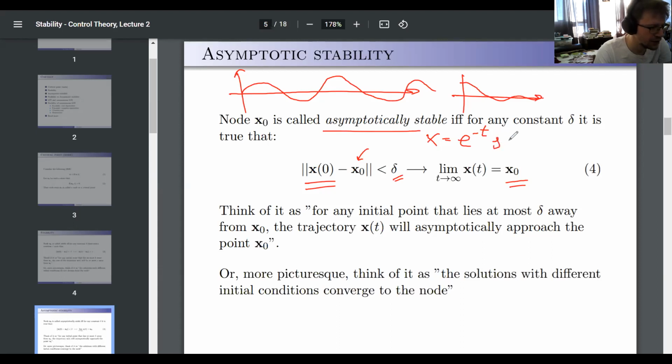We can add sine t if you want. This converges, and this does not diverge. This is x equal to sine t. Does it clarify the idea? Yeah, great. There was actually the same answer in the chat.